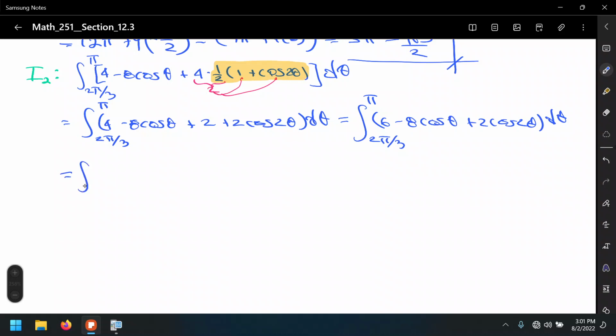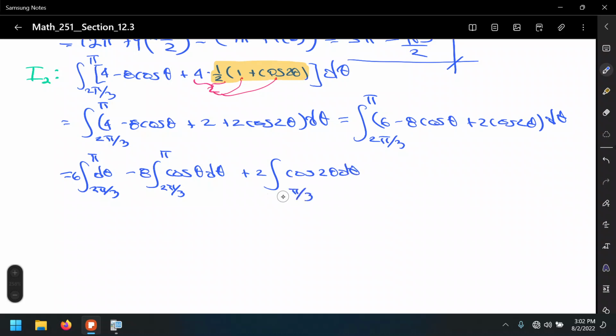That's the integral from 2 pi over 3 to pi of 6 d theta, or rather, let me take the 6 outside, minus 8 integral of cosine of theta d theta from 2 pi over 3 to pi, and plus 2 integral of cosine 2 theta d theta from 2 pi over 3 to pi.